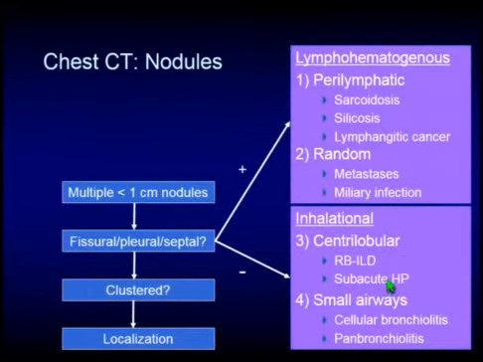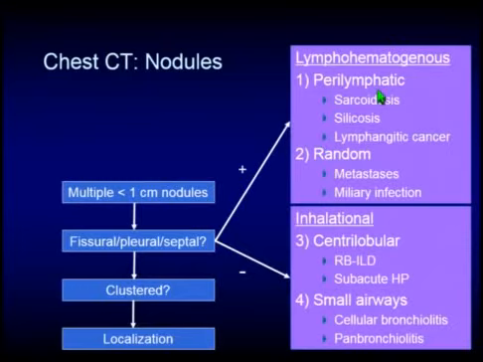So let's break this open a little bit. If we see most of these nodules congregating in areas that contain lymphatics and pleura, the fissures, the septa, and the pleura, as well as the peri-bronchovascular lymphatics, we're really dealing with a lymphohematogenous process.